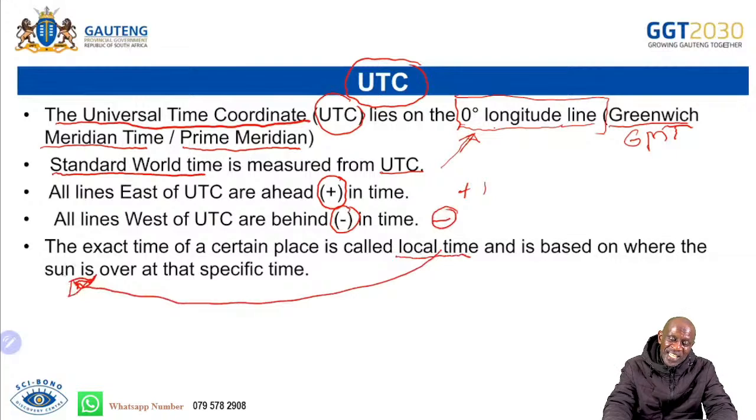What is rotating is the earth. So the sun is stable. It is the earth that is rotating, and where the sun lies at different times of the day, people can guess more or less what the time would be. So that is called local time.